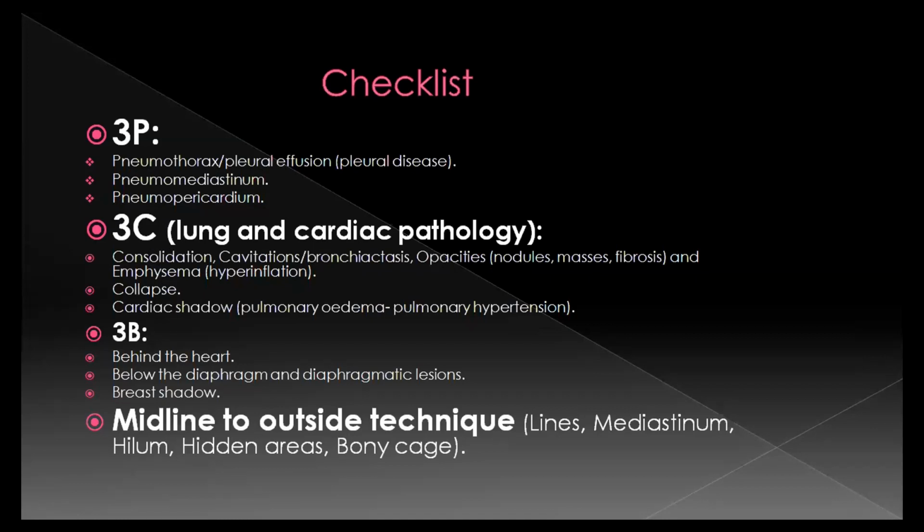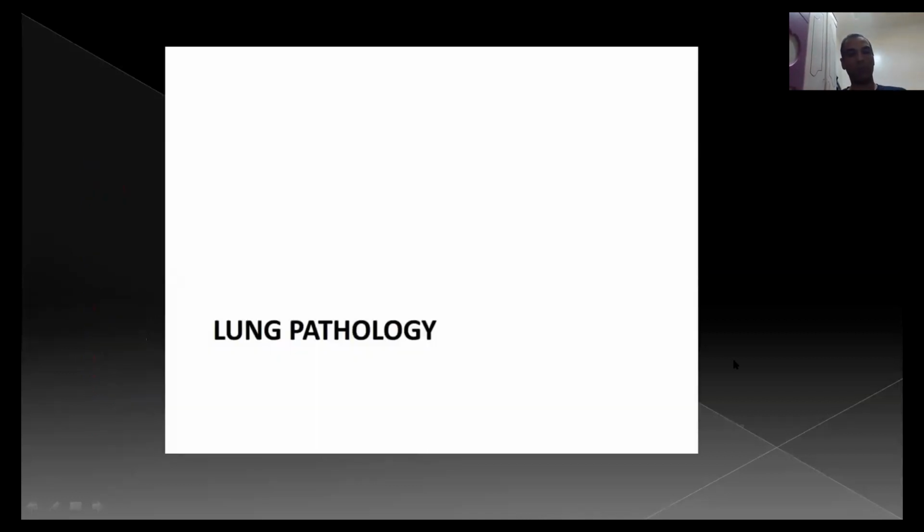Maybe I am saying many pieces of information in a rapid way, but you can hear this one later on. So we have consolidation and cavitations, nodules and masses, and fibrosis and emphysema. Fibrosis reduces the lung volume, but emphysema increases the lung volume. So we'll go to the lung pathology.